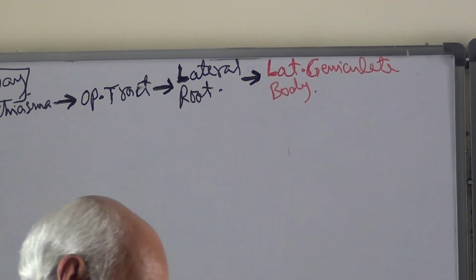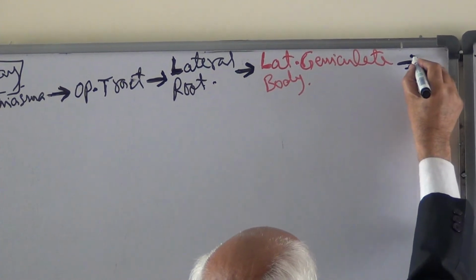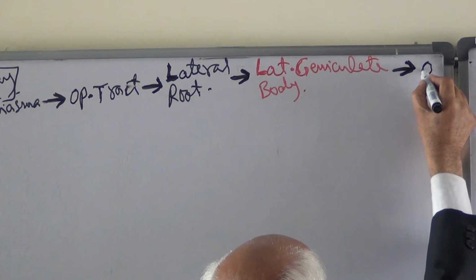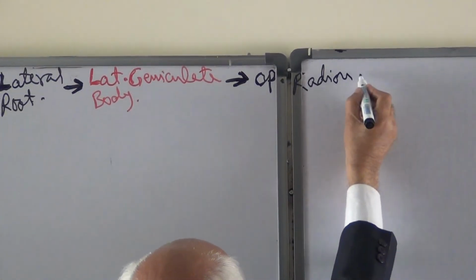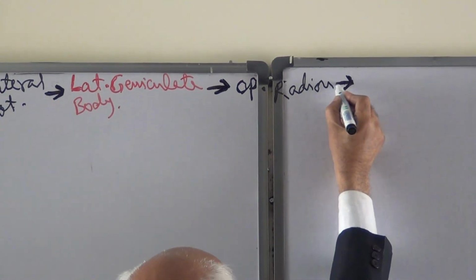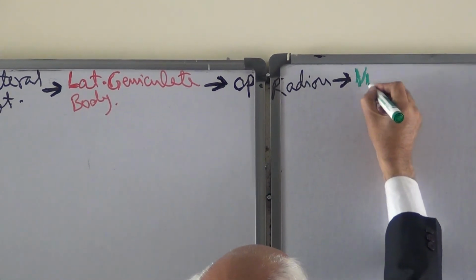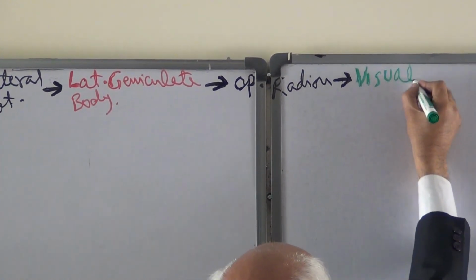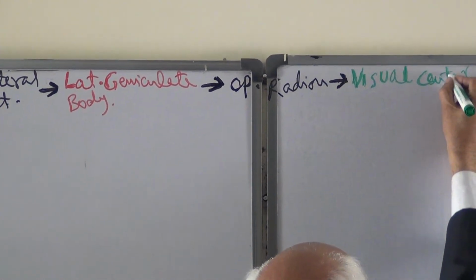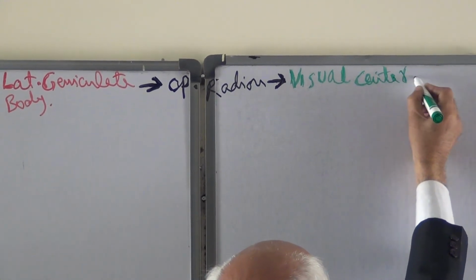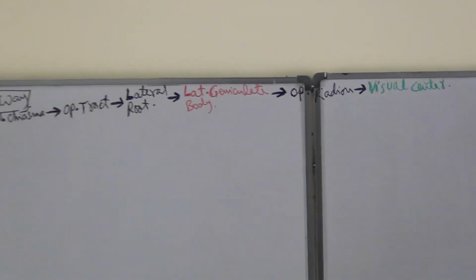Then from the lateral geniculate body, the optic radiation arises, and the optic radiation then relays in the visual cortex, the visual center, which is in the occipital lobe in the calcarine sulcus. This was the visual pathway.